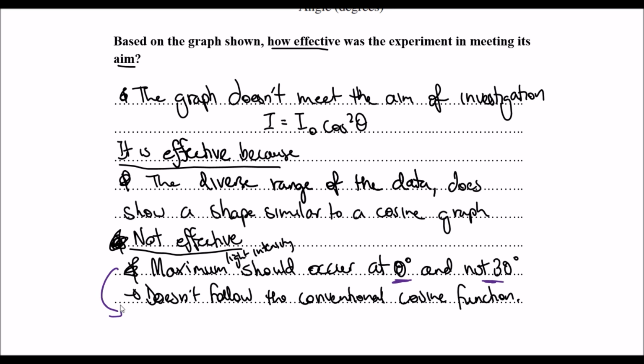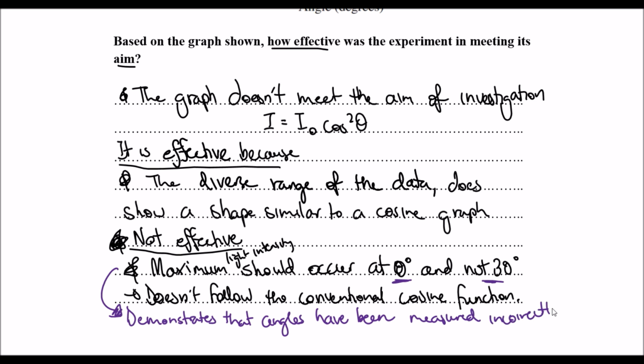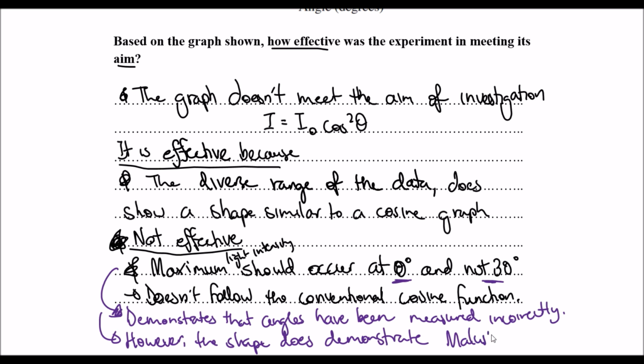So we could say it demonstrates that angles have been measured incorrectly, but the shape does demonstrate Malus' law, or the cos squared theta. So I'm going to change it.